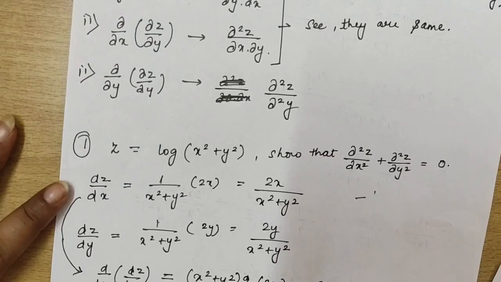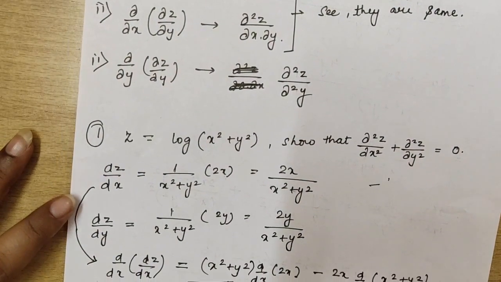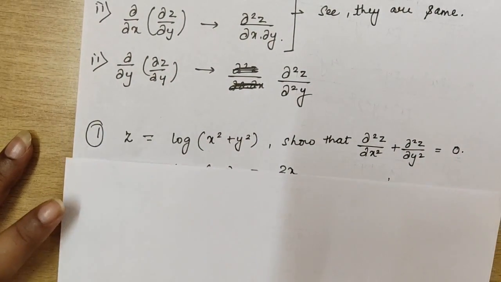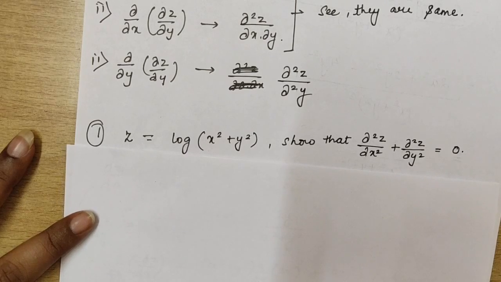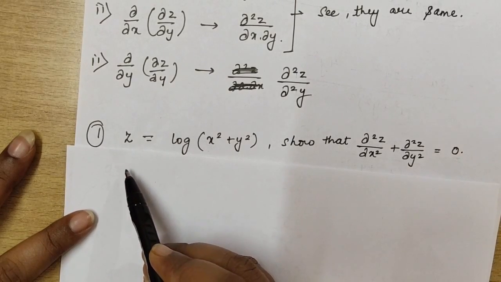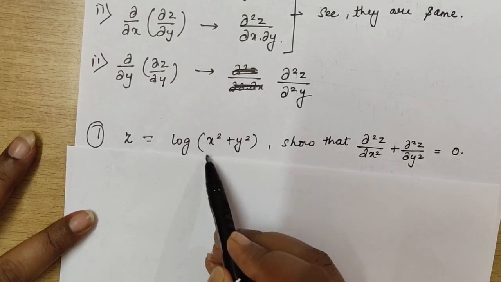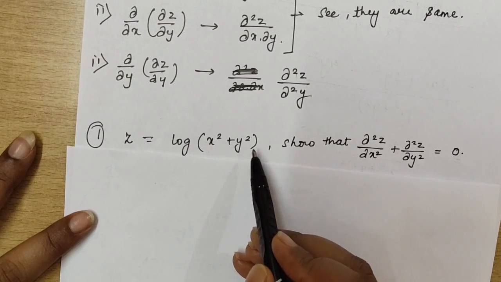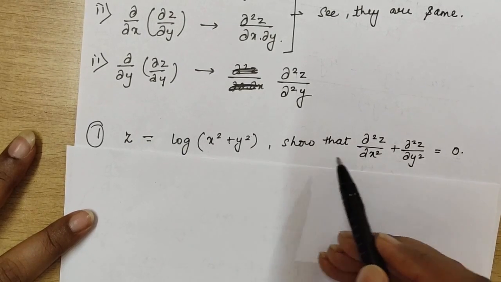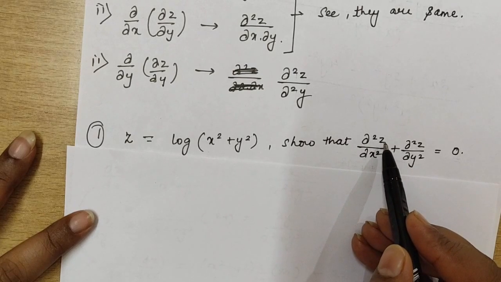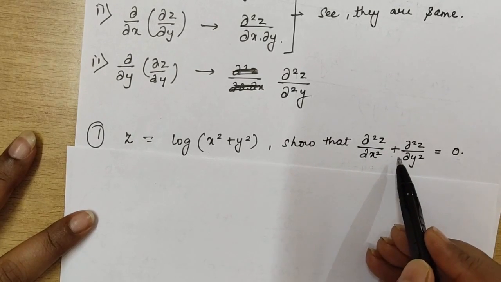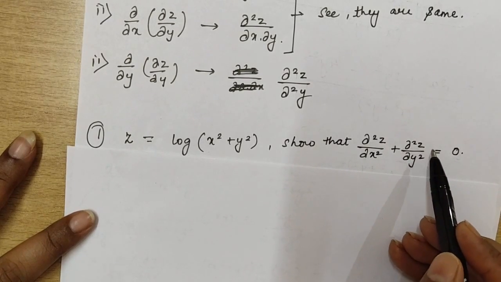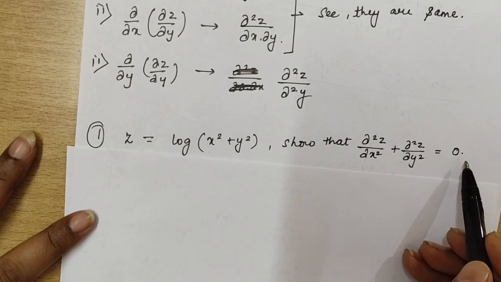Right? Understood till here? Let us take the first example in order to understand it more clearly. That is, z is equal to log x square plus y square. Our objective is to show that delta square z by delta x square plus delta square z by delta y square is equal to 0.